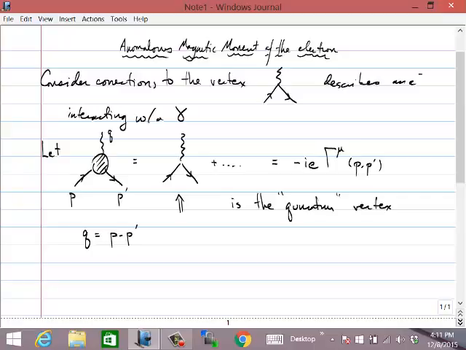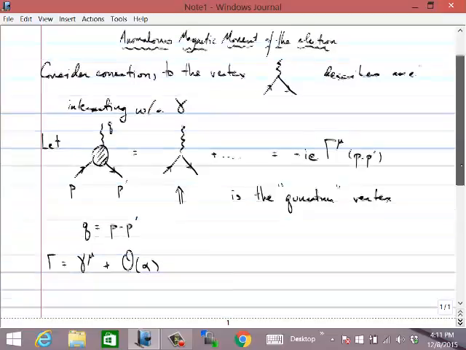So in particular, at leading order, gamma is just given by gamma mu, but then it'll have various corrections that are higher order in the coupling constant, and in particular, as we'll compute later on in class today, they'll look like order e squared, so order fine structure constant, plus terms that are even higher order, fine structure constant squared, and so on and so forth.